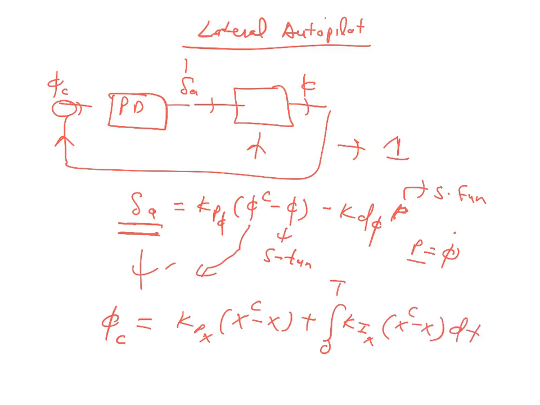So you compute phi commanded to get a desired course angle. That then goes to the inner loop, which provides you an aileron input to give you that commanded roll angle. Okay.